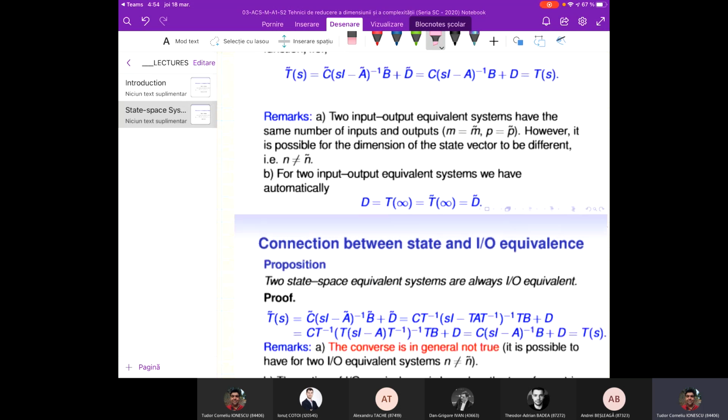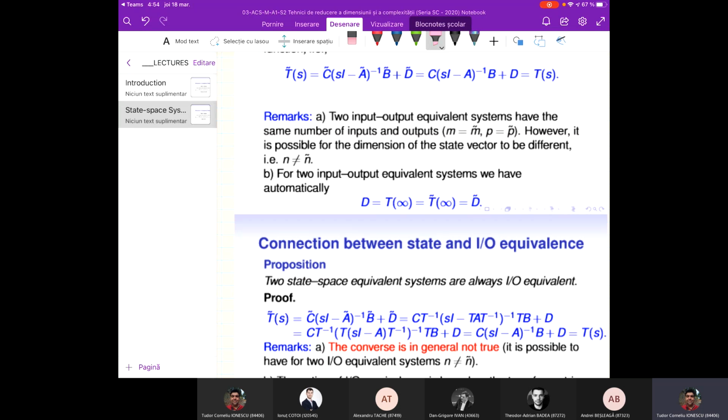Two input-output equivalent systems have the same number of inputs and outputs. However, it's possible for both of them to be realized with linear dynamical systems which have different numbers of states. So two input-output equivalent systems are not necessarily state space equivalent.